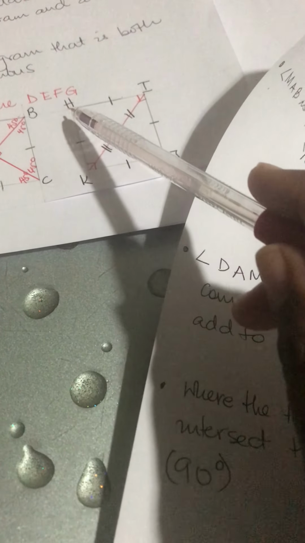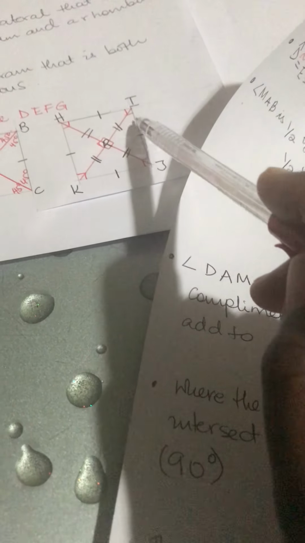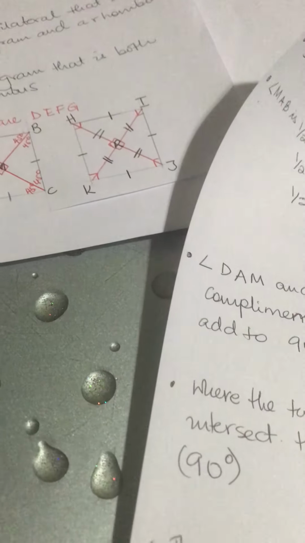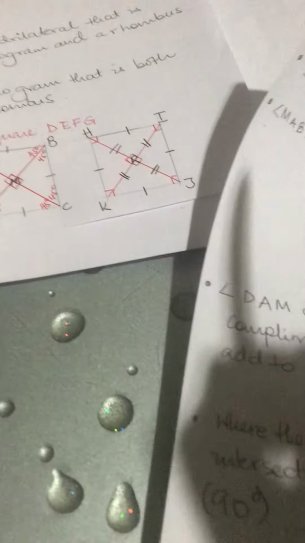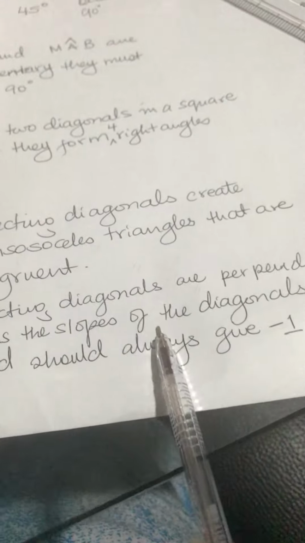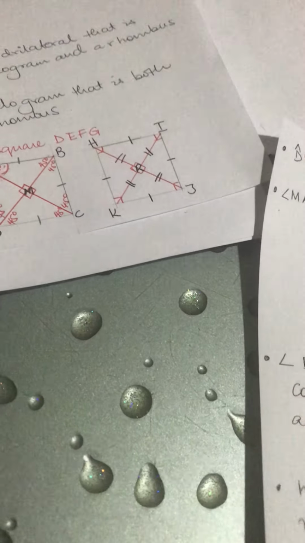Now, because they have 90 degrees over here where they meet, that means diagonal HJ and diagonal IK are perpendicular. And how will you know they're perpendicular? Because they make a 90-degree angle. They will ask you if they give you points. If HJ and KI are perpendicular, you should find their slopes. So you should find the slope of HJ and the slope of KI, and you multiply them.